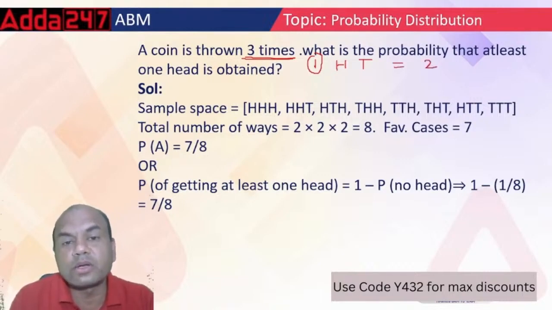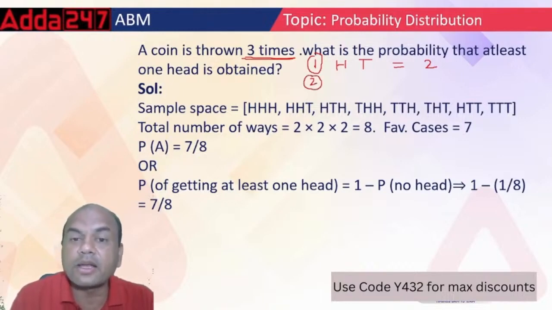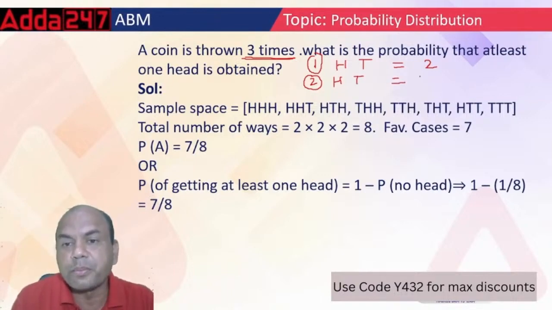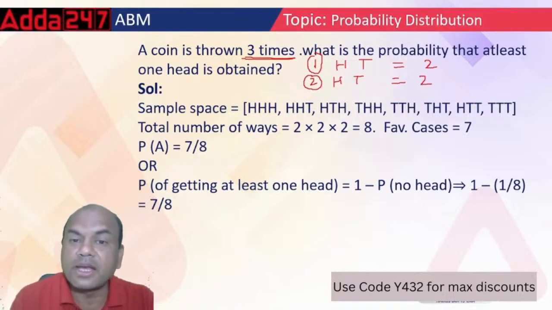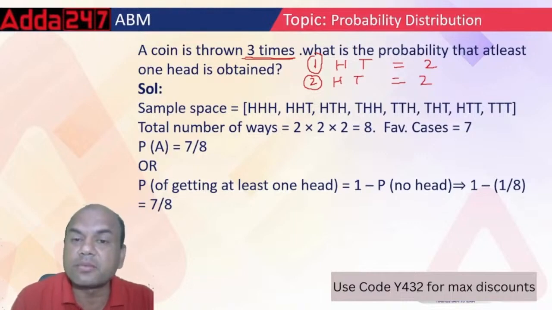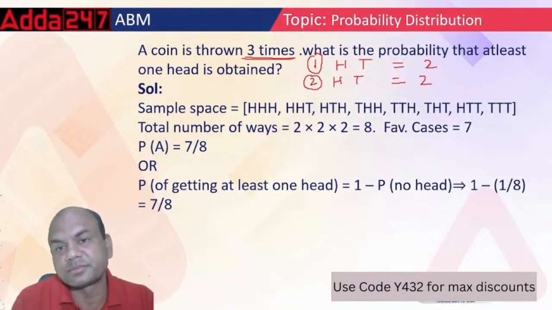If I throw the coin 2 times, again I might get head or tail, isn't it? So again, what are the outcomes? 2. Right? Now third time, 3 times I am throwing. Now look at this. The outcomes over here are 2 for each throw, but the answer for the third time is not 6.